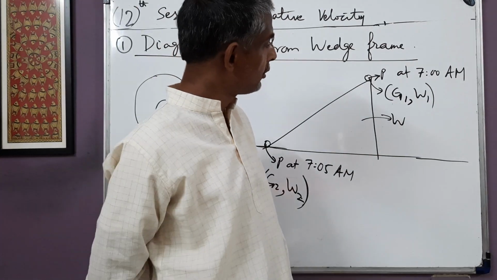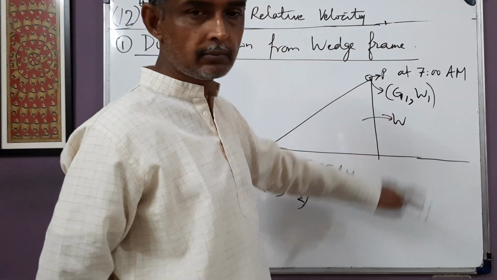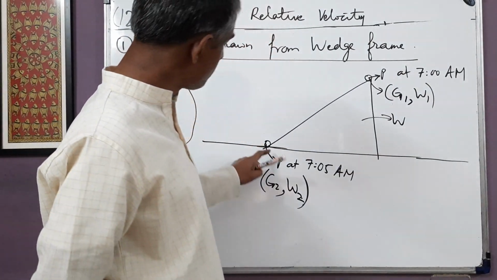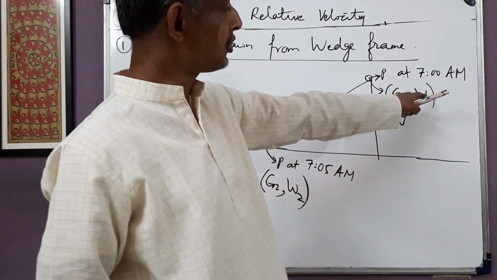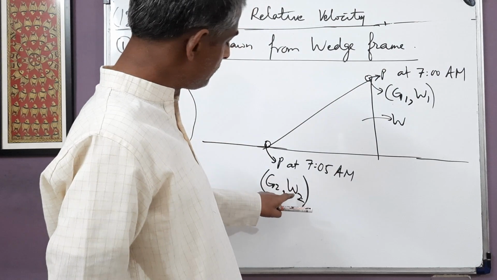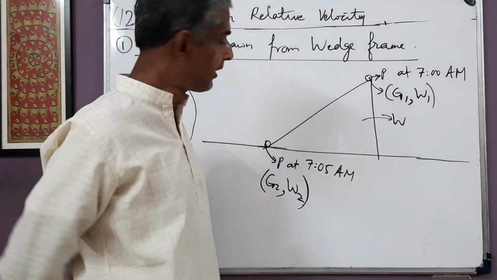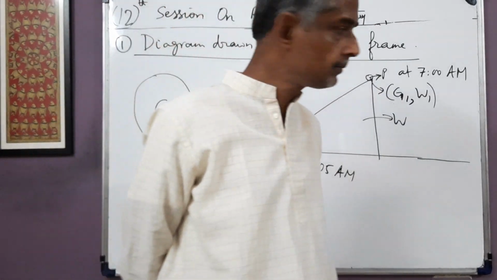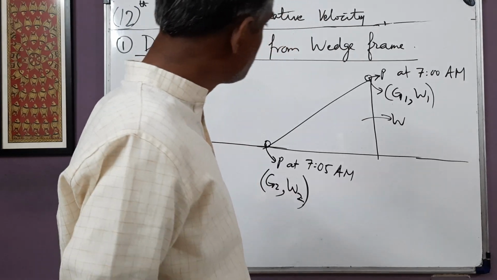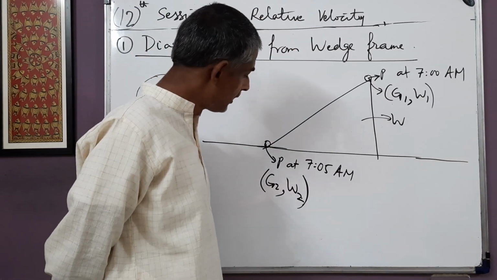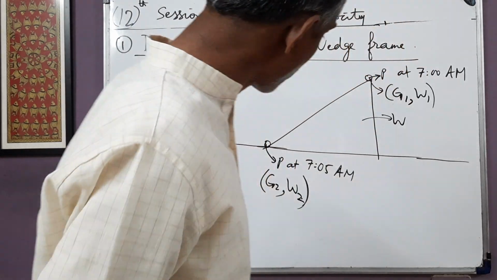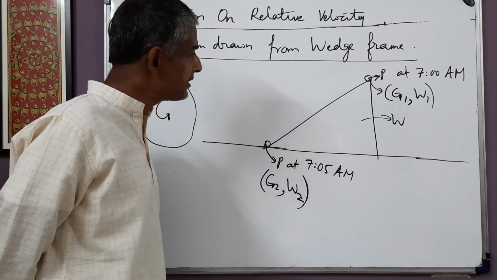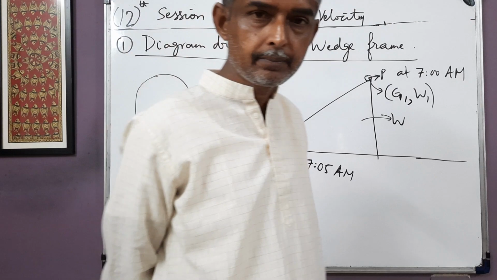W1 is the initial location of P in the wedge frame, and W2 is the final location of P in the wedge frame. Now we have to find the displacement in the interval 7 am to 7:05 am.